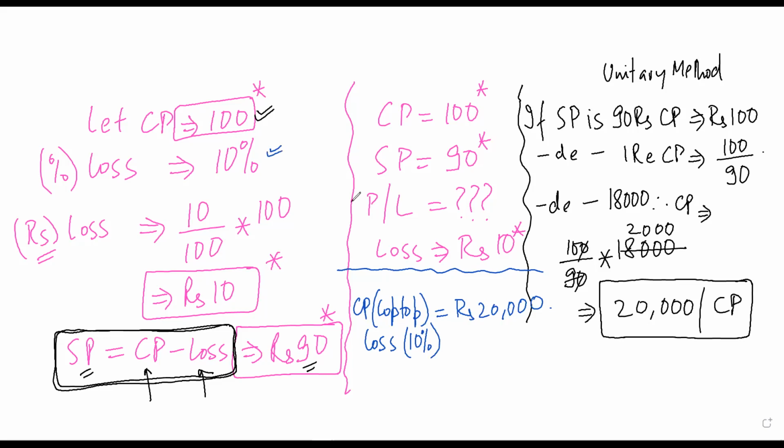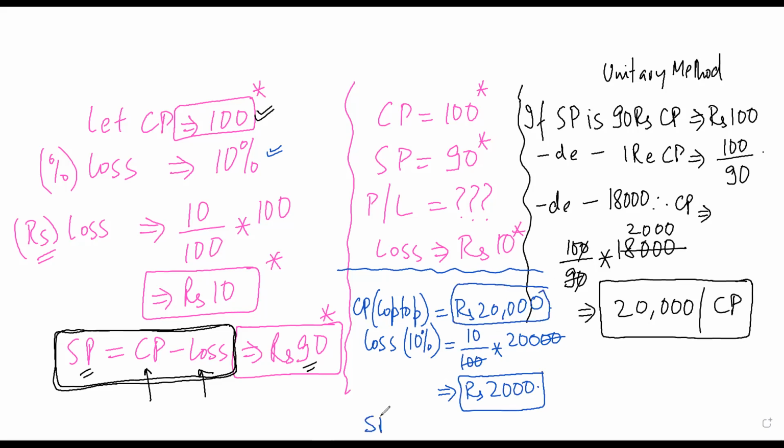The loss would be 10% of 20,000. So in terms of rupees, the loss is rupees 2,000. Sarthak, is it making sense or not? Yes, sir. And therefore the selling price would be cost price minus the loss, which will be 18,000, and which is correct.